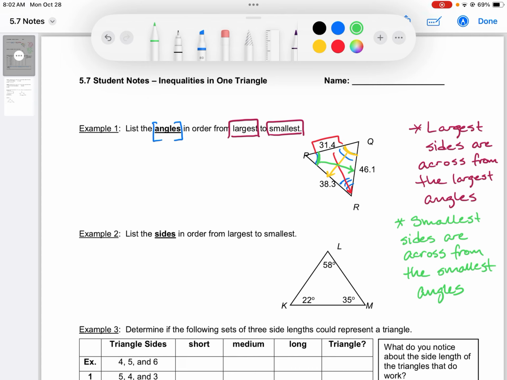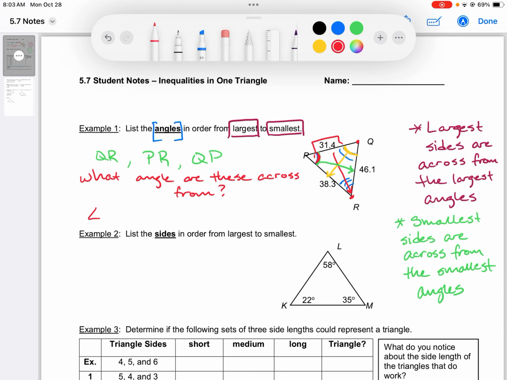And knowing that information, we can put the sides in order. So QR is the longest side, PR is the next longest side, and then QP is the shortest side. And we would say, what angle are these across from?